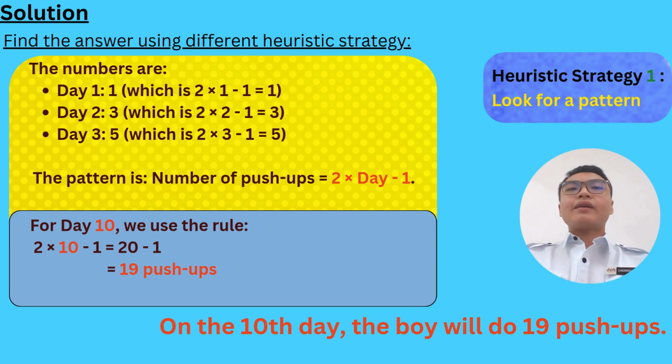We can notice that the pattern is 2 times the day minus 1. So for day 10, we use the rule: 2 times 10 minus 1 equal to 20 minus 1 equal to 19 push-ups. So the answer is, on the 10th day, the boy will do 19 push-ups.